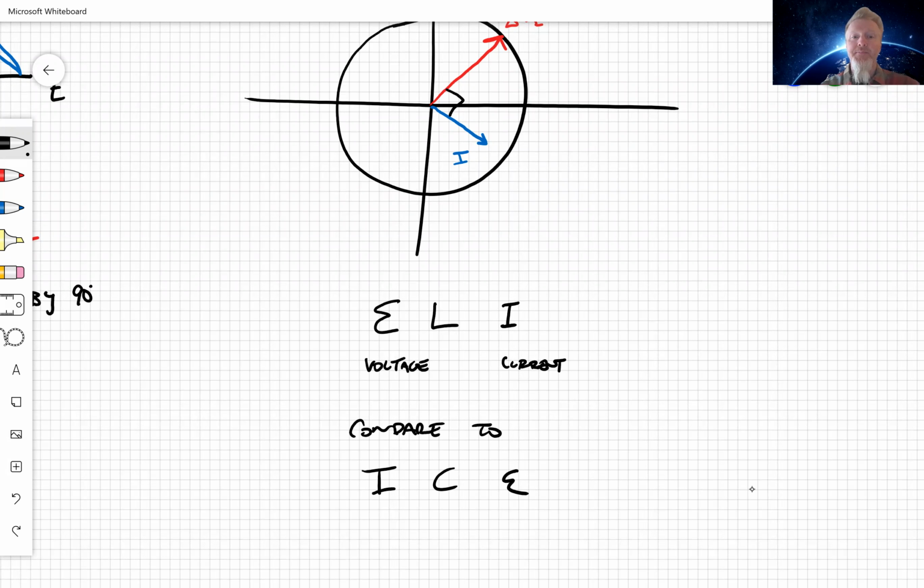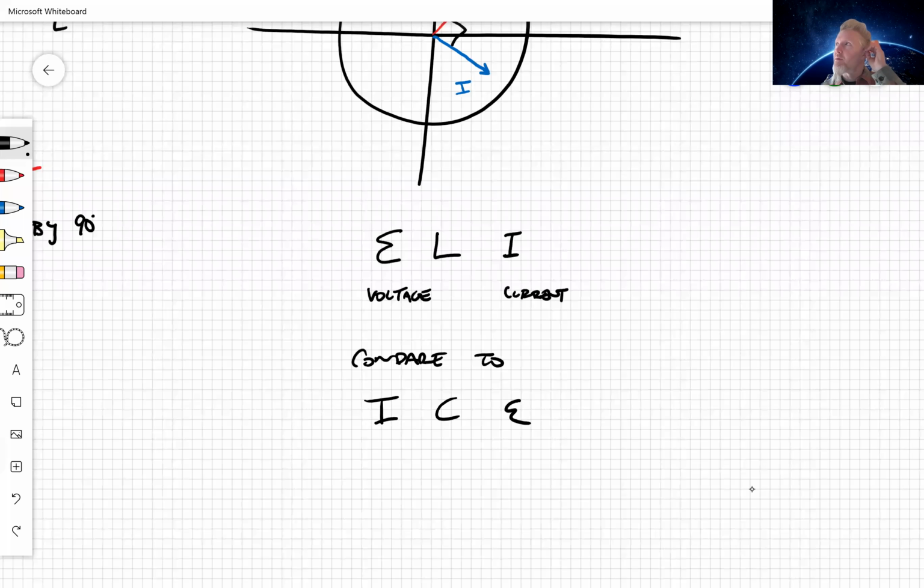Compared to ICE, where current was in front of the voltage by 90 degrees for the capacitor, all right? And we kind of talked a little bit about that. And the same thing's happening here with the inductor, but just the other way, right?